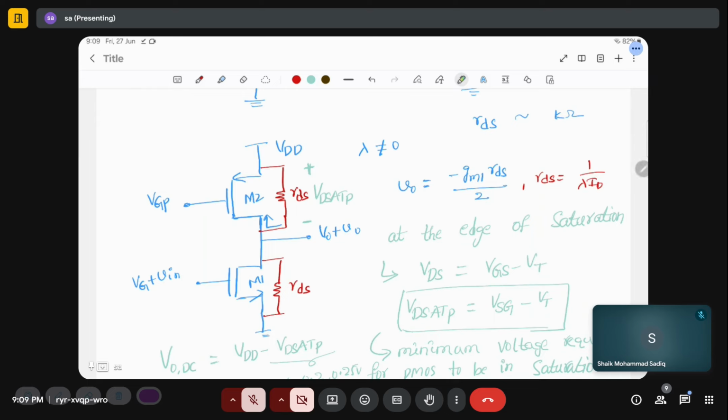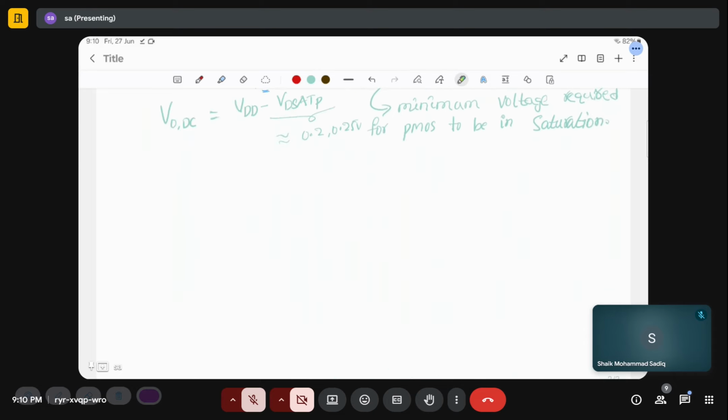Here we have achieved it with the MOSFET, which has a very low voltage drop of VDSAT P, around 0.2 to 0.3 volts, and a very high output resistance RDS, in the tens of kilo ohms. So with an active load, we can get good swing limits and a reasonable gain. Is it okay now?